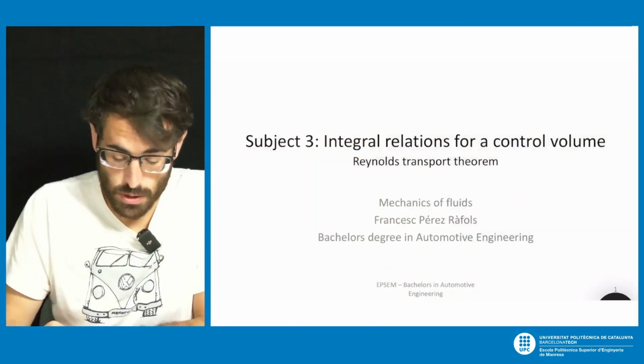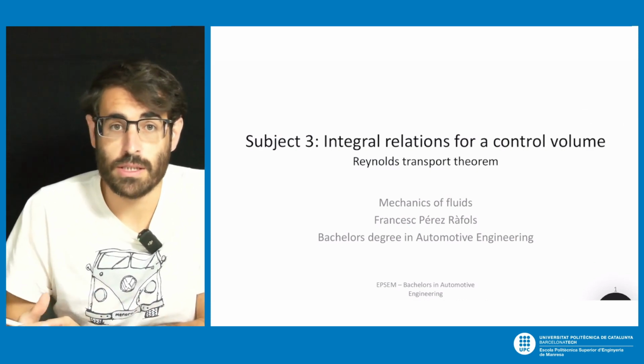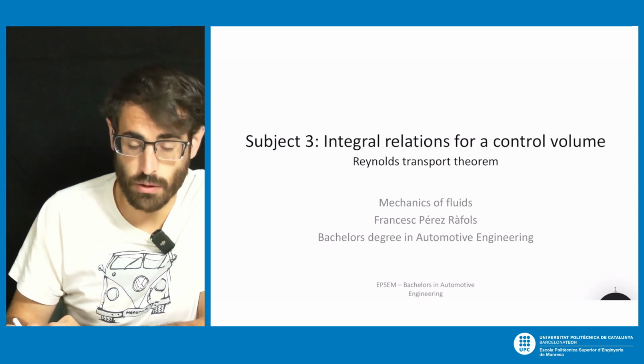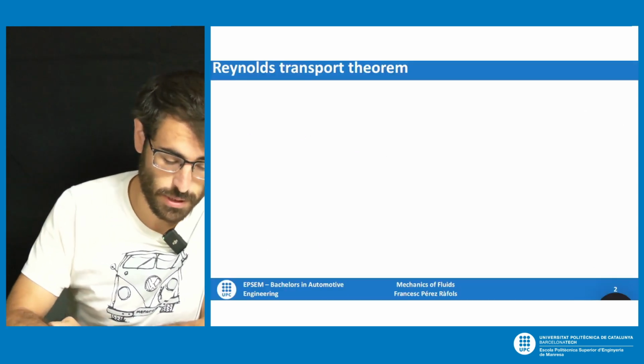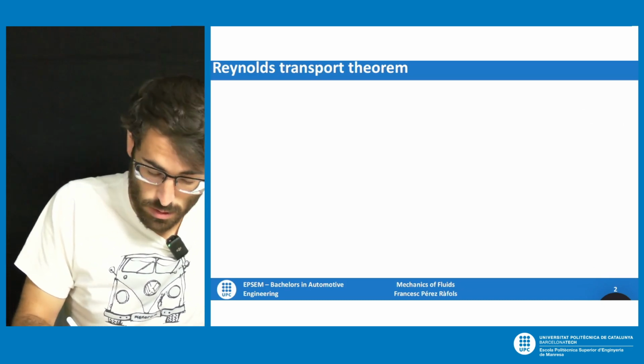So in this video about the integral relations in control volumes, we're gonna discuss the Reynolds transport theorem, which is behind all the integral relations we will discuss in this chapter. So let me start by writing it.